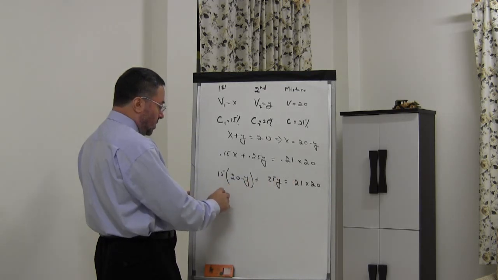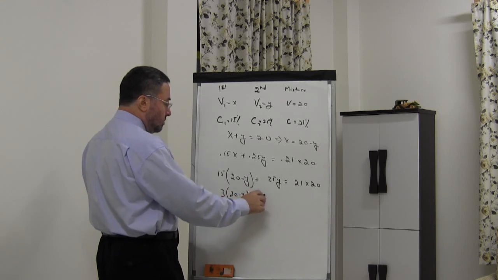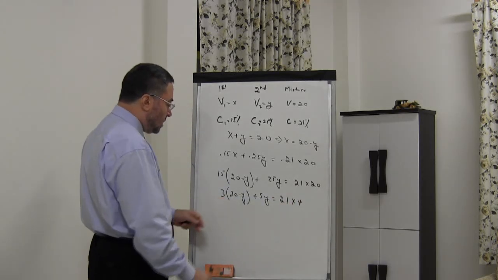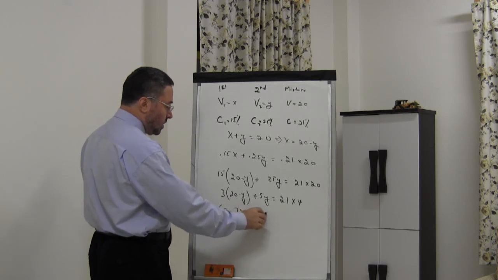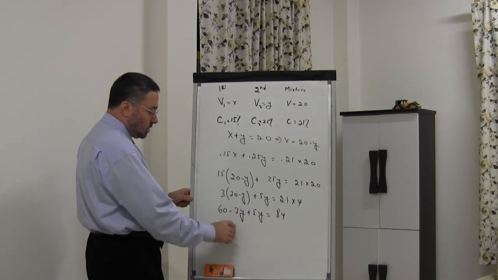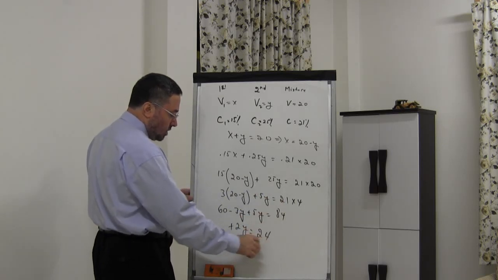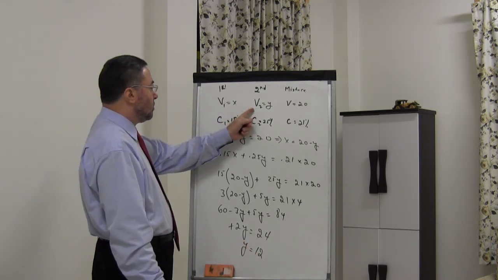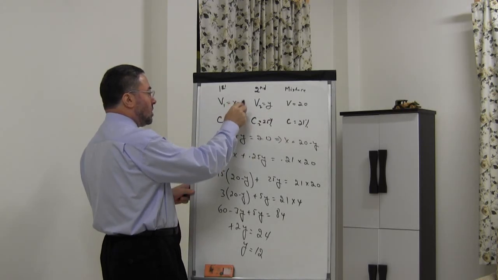So we have 3 times (20 minus y) plus 5y equals 21 times 4. That's 60 minus 3y plus 5y equals 84. So 2y equals 24, and y equals 12. So we need 12 gallons of this, and since the total is 20, x equals 8.